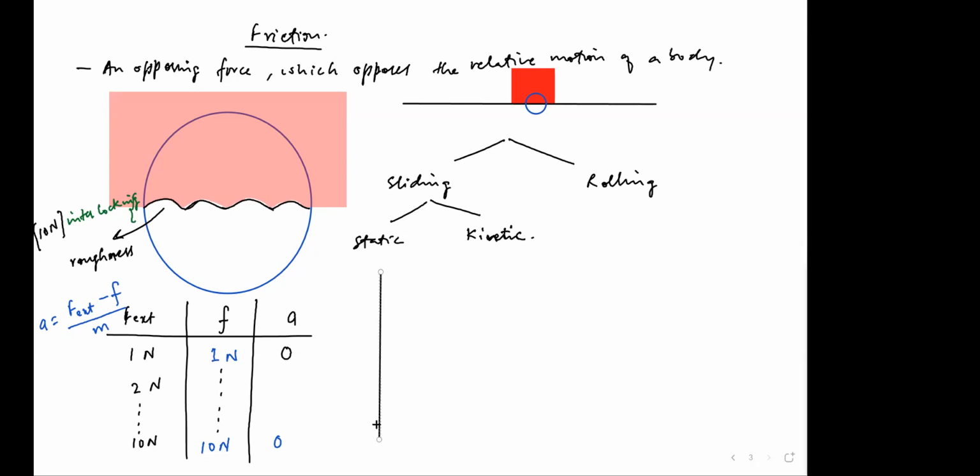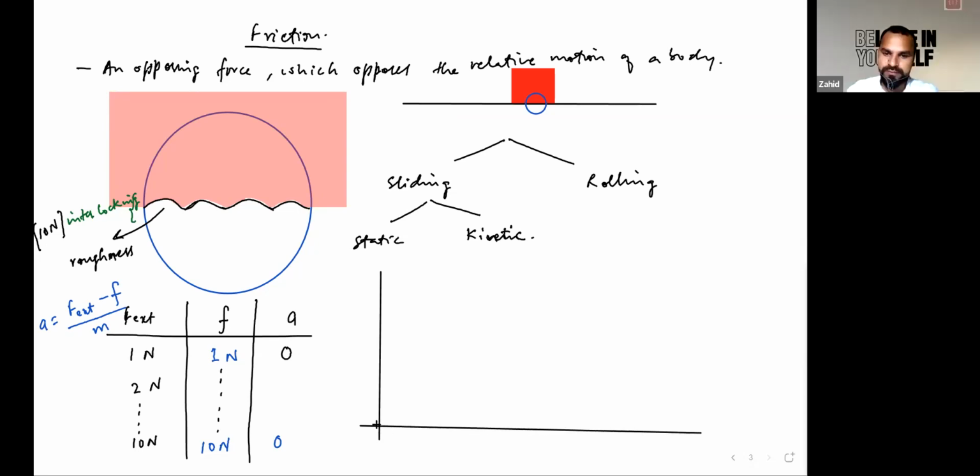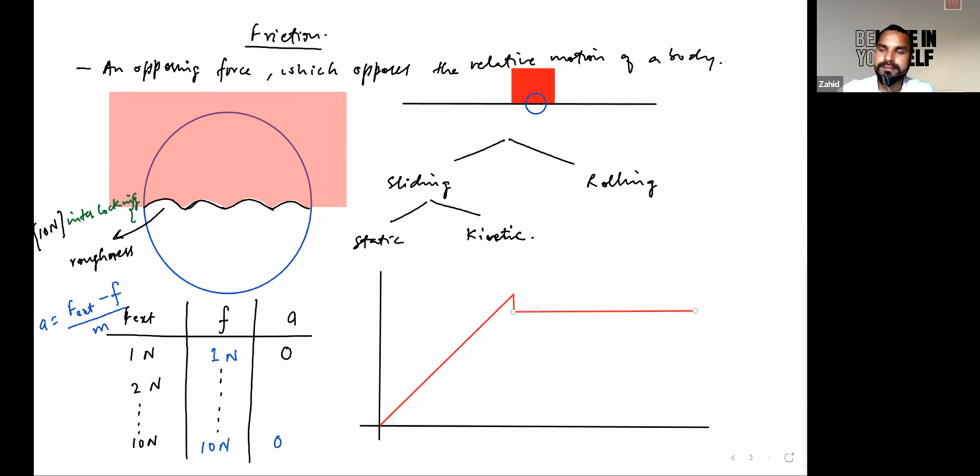Okay. Now, if I draw a graph representing this whole situation, you will see from this term, F external is directly proportional to friction up to its maximum value. When it has reached its maximum value, it will become constant like this.